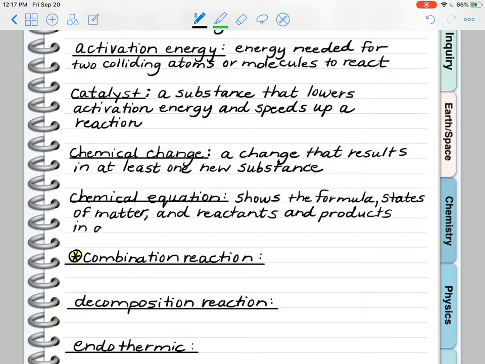And I promise you we're going to look at this in more detail. I just need to give you the terms. The chemical equation, we are going to break that down and understand how to read one of those.